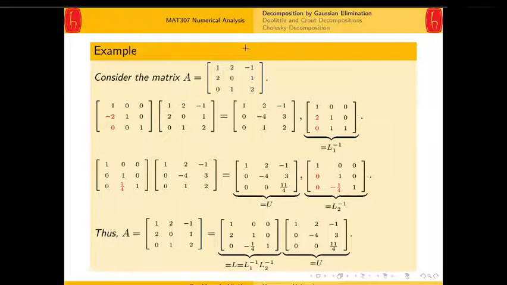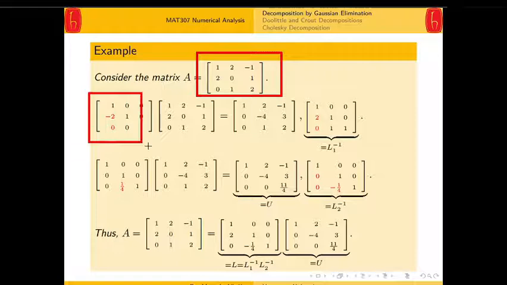Consider the matrix A. So this is the matrix, and we perform Gaussian elimination by starting with multiplying by L1 to the matrix A. When we do that, we obtain this, and here there is one thing we check.